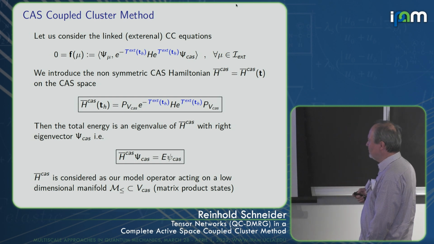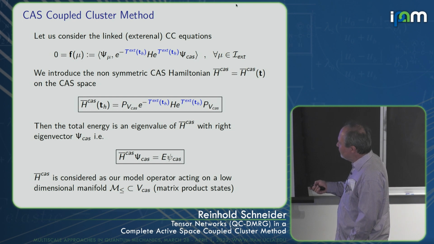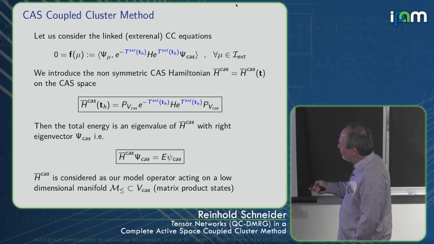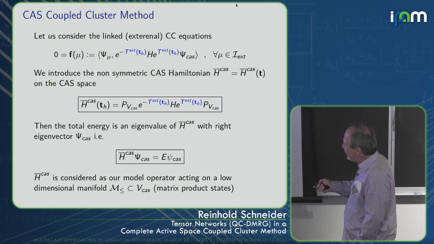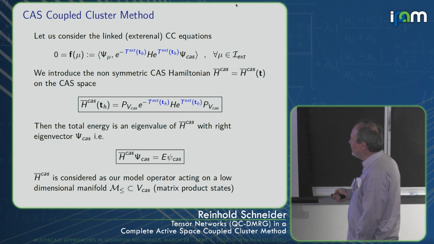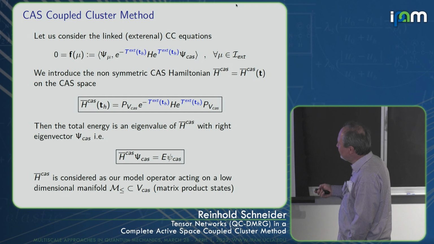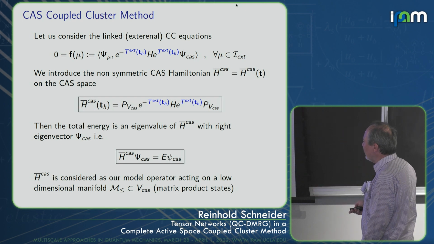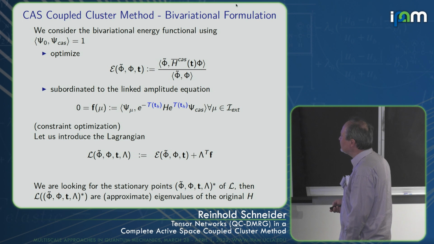Look later. And now it is the right eigenvalue because this is a non-symmetric operator. And indeed, what we want to do further is we do not use the full CI CAS space. We use a low-dimensional manifold given by matrix product states.